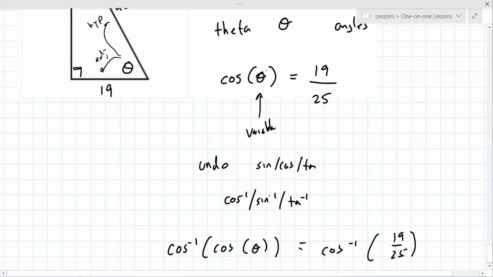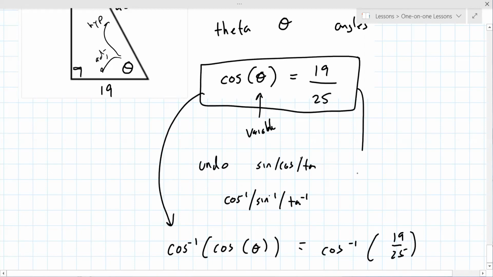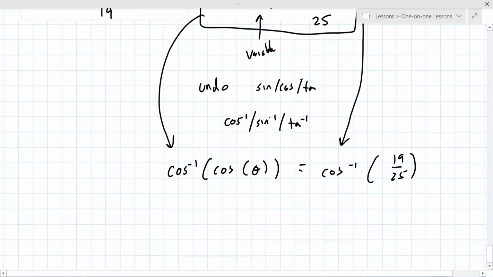From this line right here, come down here, you take the cosine inverse of both sides. On the left side, what this does is it resolves or undoes the angle. So theta is the cosine inverse of 19 over 25.